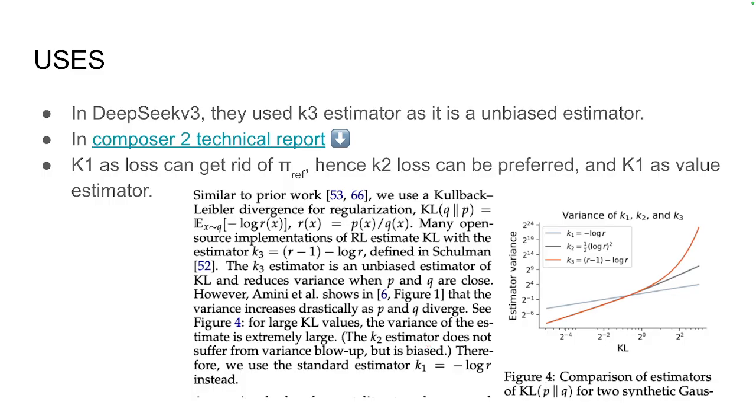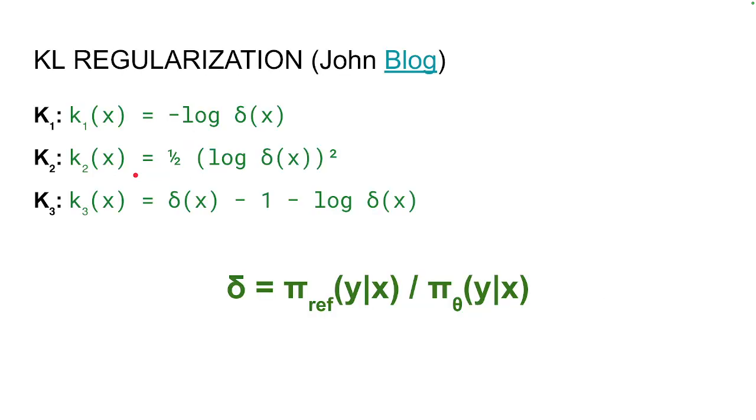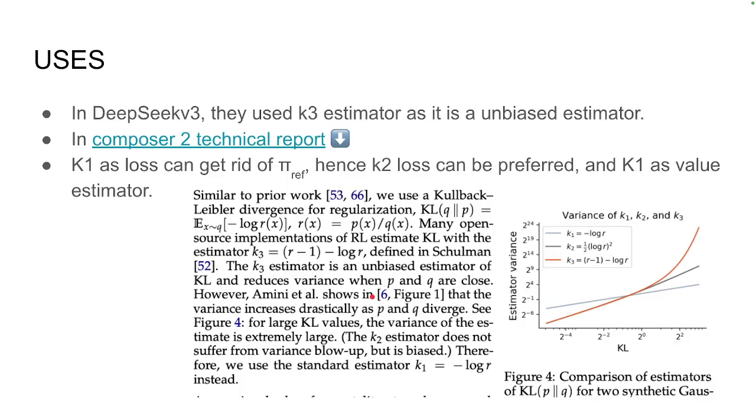And there are also other papers that came to a consensus on K1. If you look at K1, when you take the differentiation with respect to theta, this pi ref term vanishes. If you take the log of this, it will be a subtraction, log of this minus log of the other, so when you differentiate with respect to theta, the pi ref term vanishes.